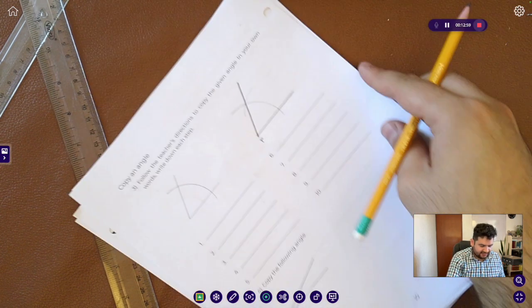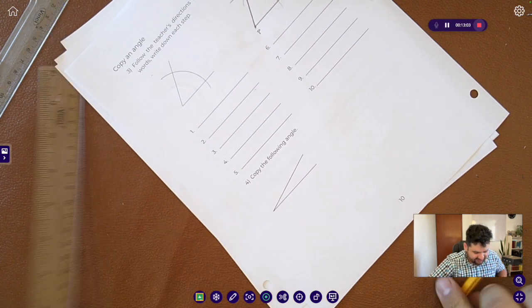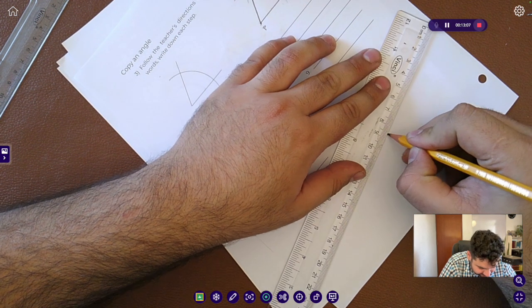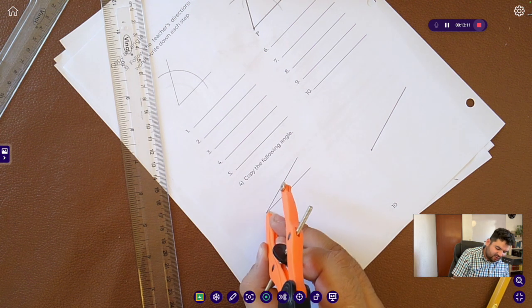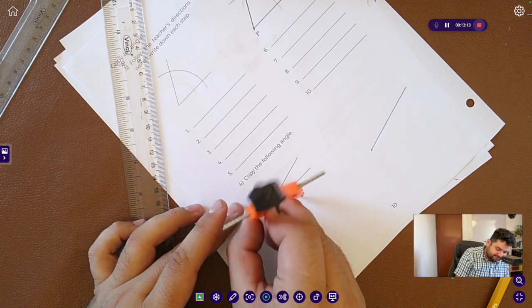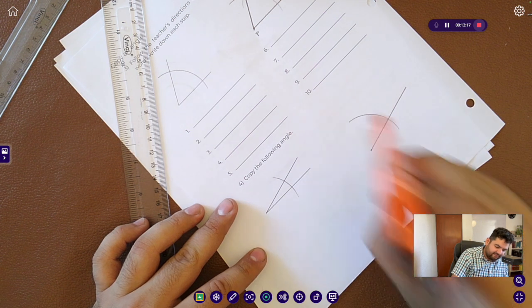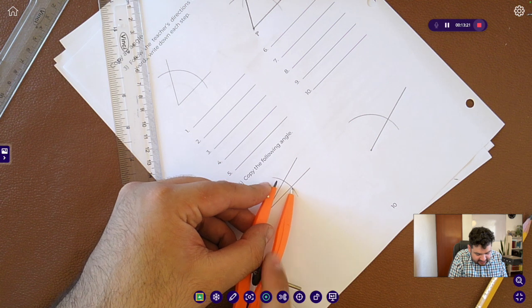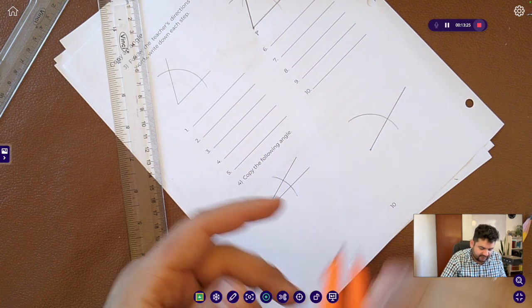Okay, let us do it with the second one. So again, first, point and ray. At any openness, I draw an arc. I draw the exact same arc. Then I measure the openness of this arc. Excellent.